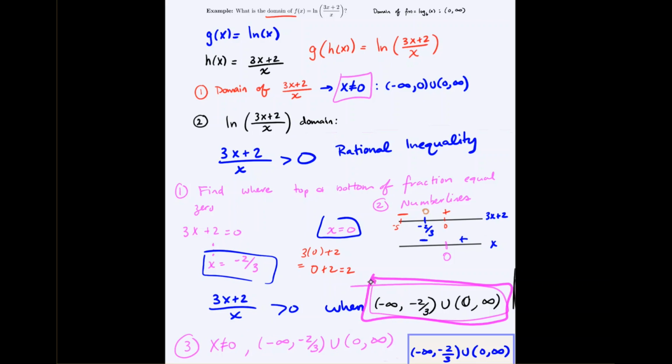And then in terms of the domain of a composition, after you figure out the domain of the inside and you form the composition and find the domain of the composition, then you have to compare both of them and say, do I need to restrict things further? In this case, they already are included in each other. If x can't equal 0, that's okay by this because we are not including 0, we are just approaching it. So our final domain of the original function was this.